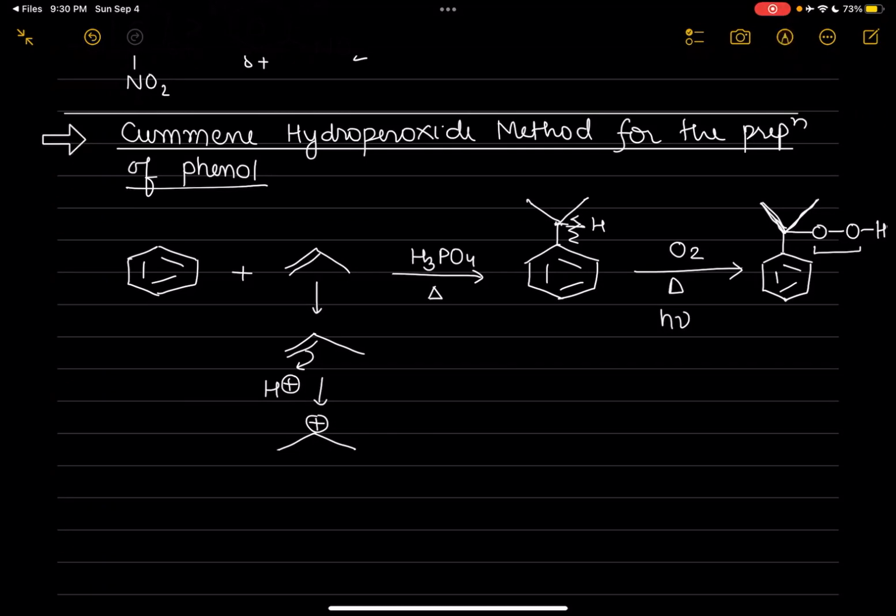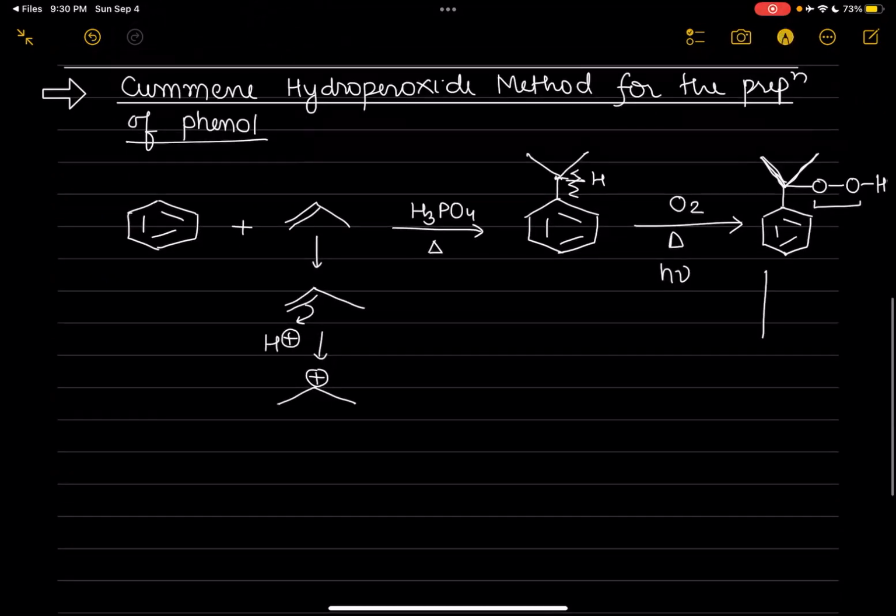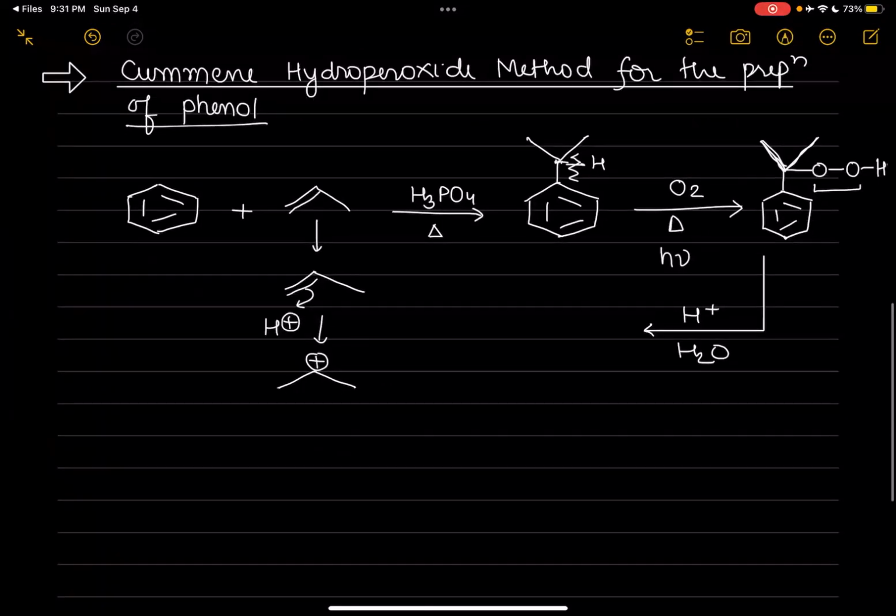So now you take H plus and H2O. Okay, now you do the hydrolysis. So this peroxide breaks, the OH breaks. Okay, because of the H plus, right?